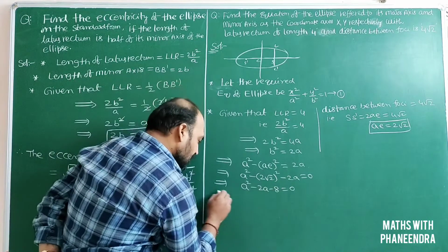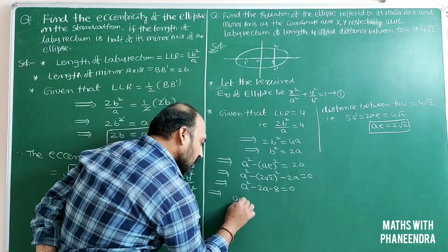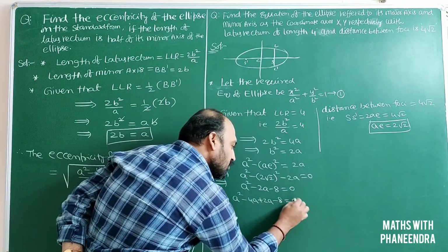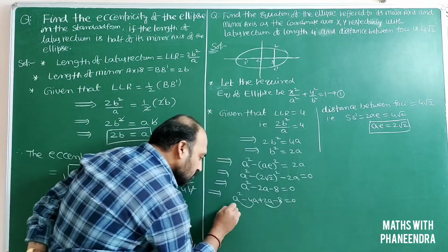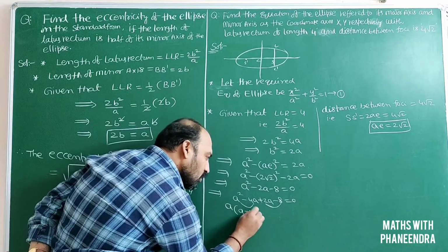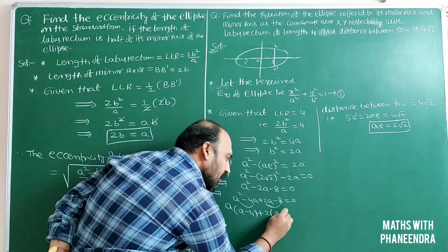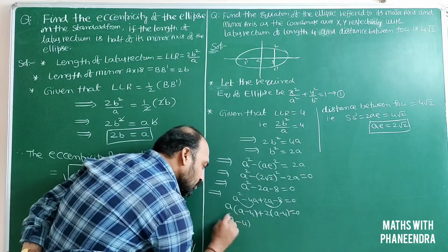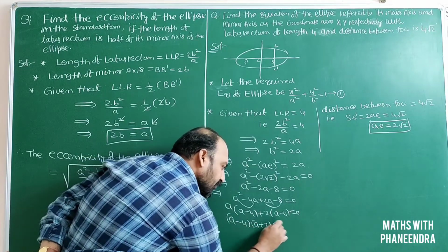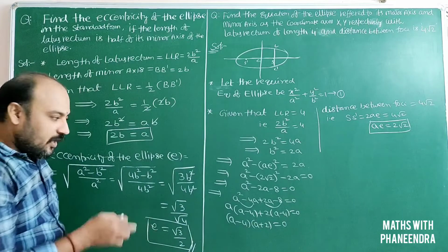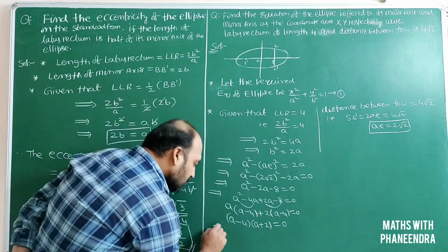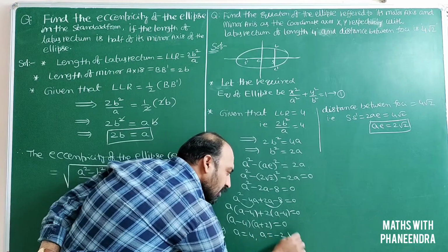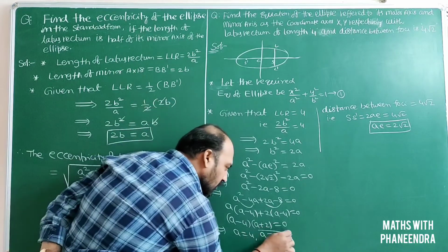So by factorization, a square minus 4a plus 2a minus 8 equal to 0. So a into a minus 4 plus 2 into a minus 4, a minus 4 into a plus 2 equal to 0. That implies a is equal to 4, a is equal to minus 2. Anyway, this case is not possible.